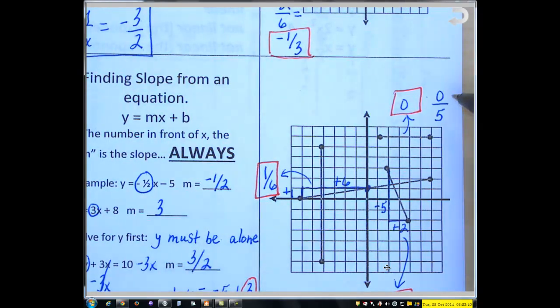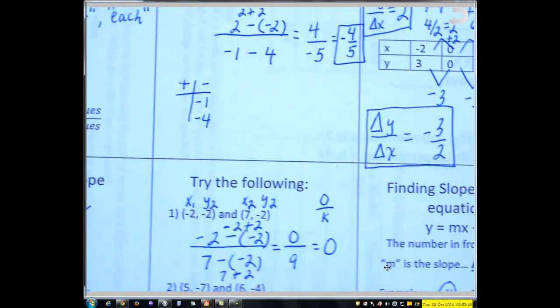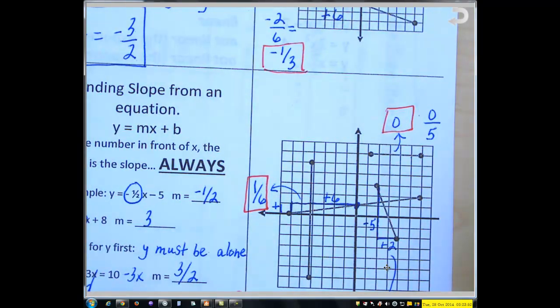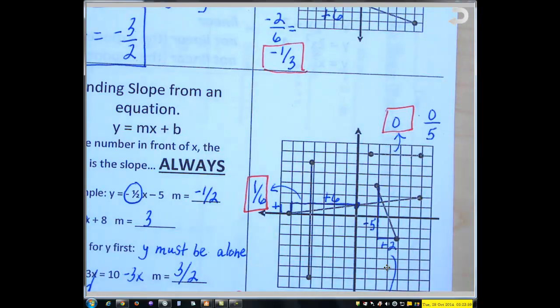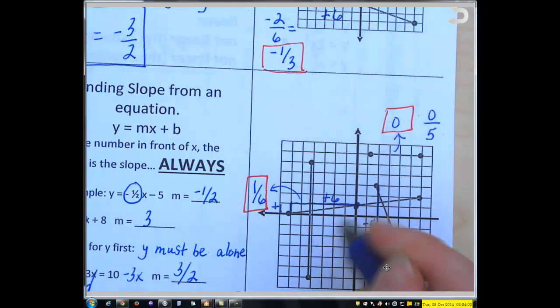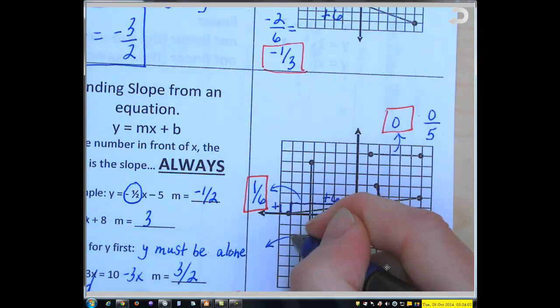And remember we said that 0 on the top of the fraction is okay. That gives us a 0 slope. Okay, so when we count the rise over the run, we find that a horizontal line does indeed have a 0 slope.